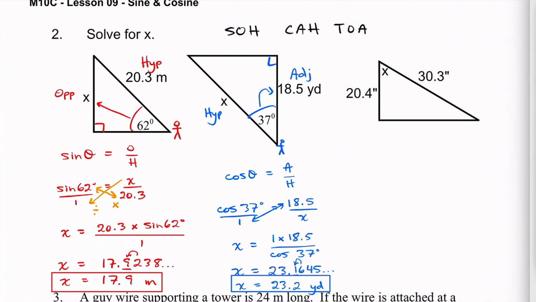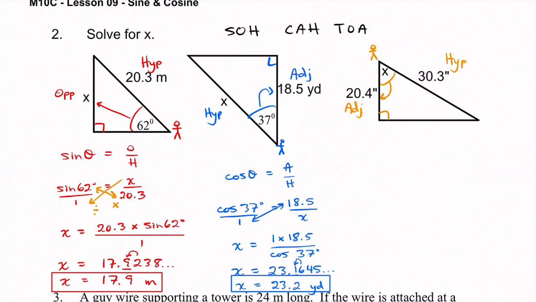Okay, and then we'll move our calculator out and we'll do the last one here. So again, step 1, we're going to put our guy at the corner, label our sides. This is 90 degrees. So all the way across from it, this really long side, that is the hypotenuse. And then right beside the angle, that is the adjacent.